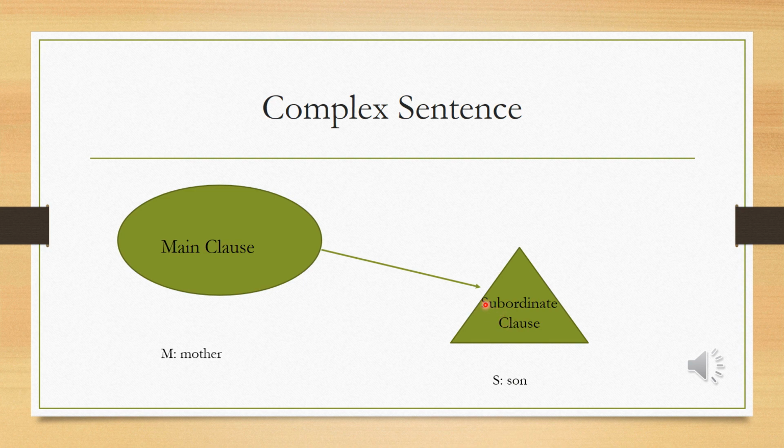When we talked about the complex sentence, we did mention the main and the subordinate clauses and how the main is superior to the subordinate, and when you want to write, your main idea should lie in the main clause, not the subordinate clause.